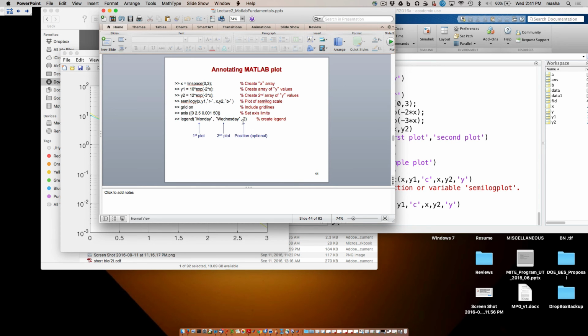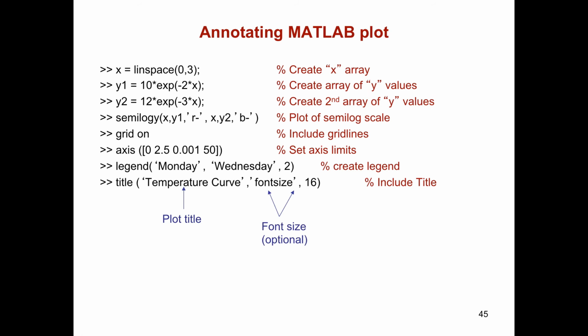Then legend, you can give it a legend. You can also specify positions for the legend if you want to fully automate things. It could be in different corners, things like those. Again, I'm not going into all of the details. You can specify the font size.